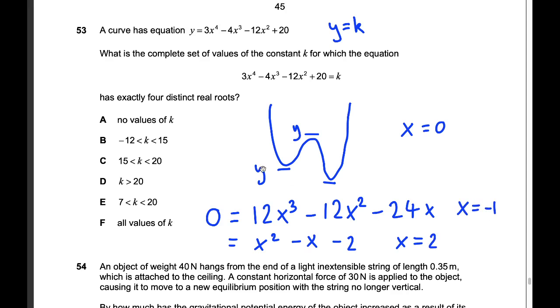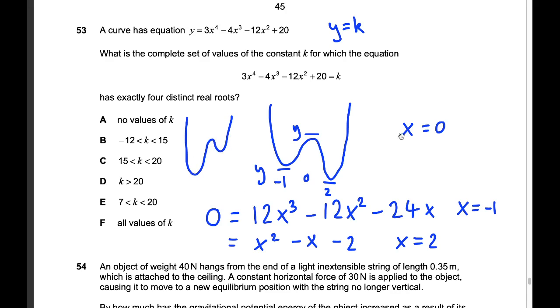Okay, so the three solutions, this is minus 1, this is 0, and this is 2. We need to know which one's the lowest, I suppose, because it could be a situation where it dips down this side and then up. So we do really need to know which one of these is the lowest side.